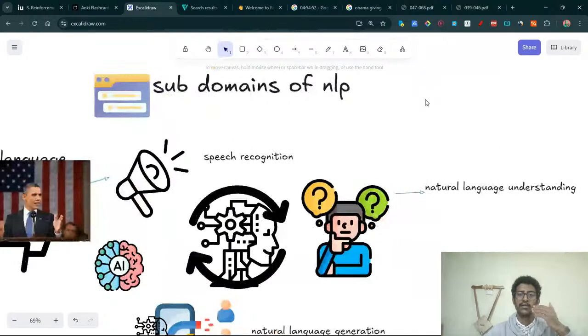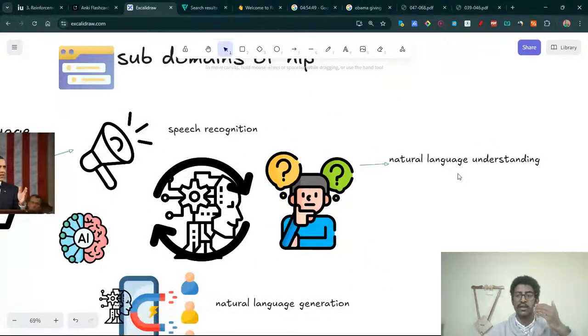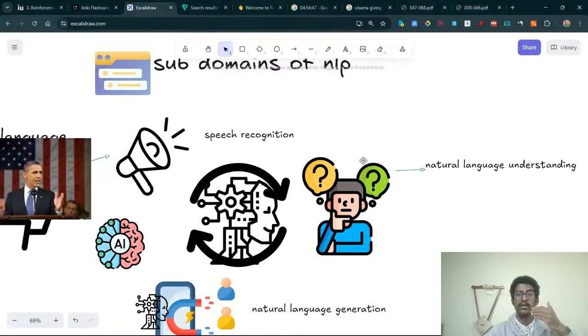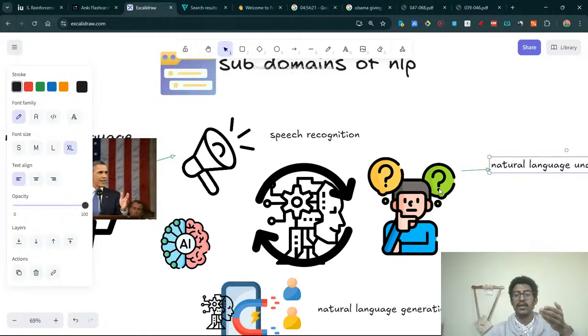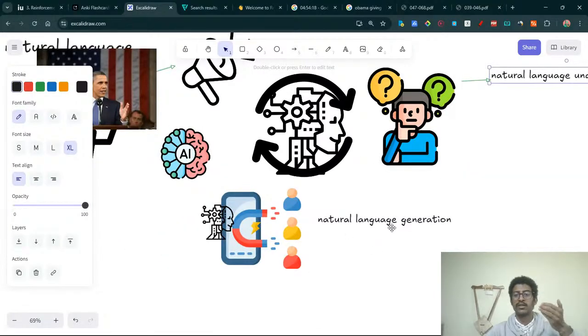And then the other subdomain is natural language understanding. You got the speech and the sounds will be changed into text. Then natural language understanding, this system of algorithms and computationally well-trained AI system, will understand these speeches, and then it can do natural language generation, where it can generate a response.